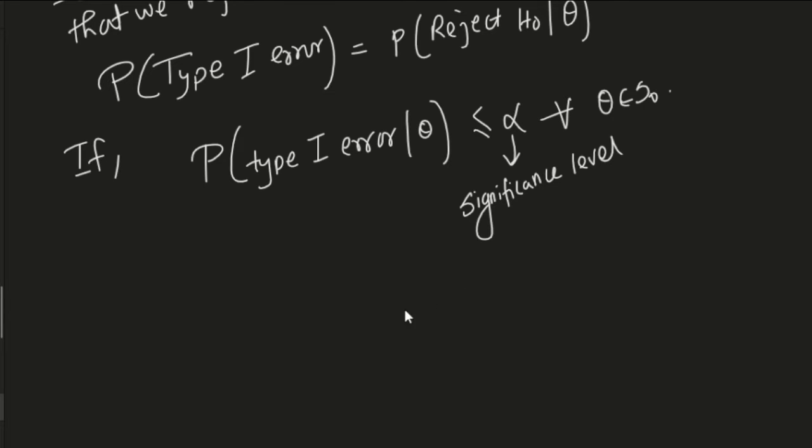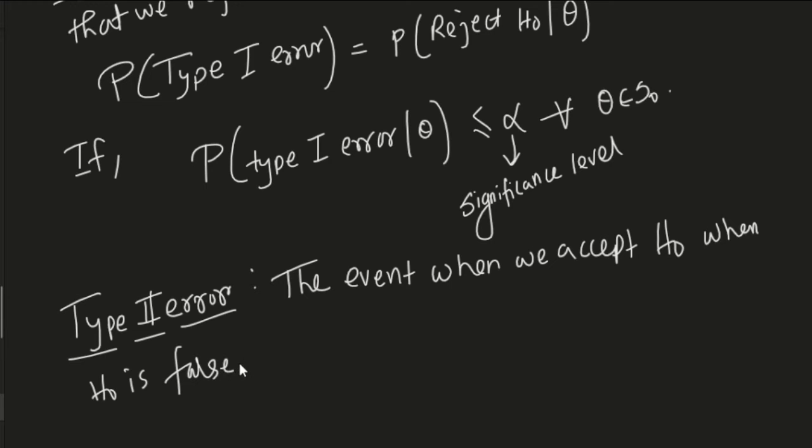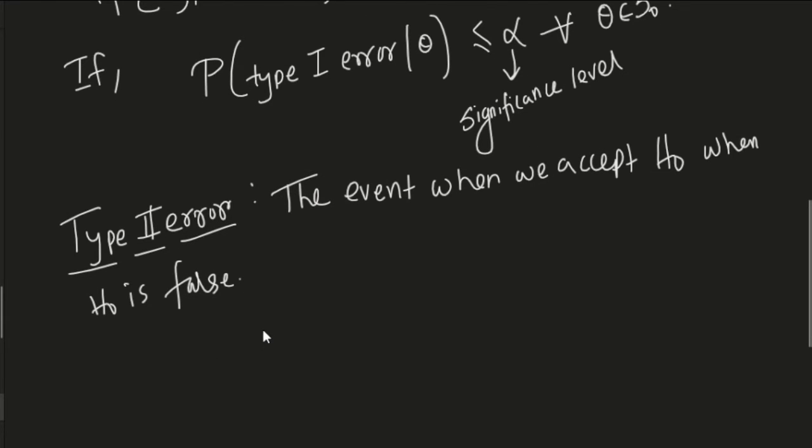Similarly, there is a type 2 error. So this is called type 2 error, and it means that we are going to accept H naught when in reality H naught is not true, which is, H naught is false.